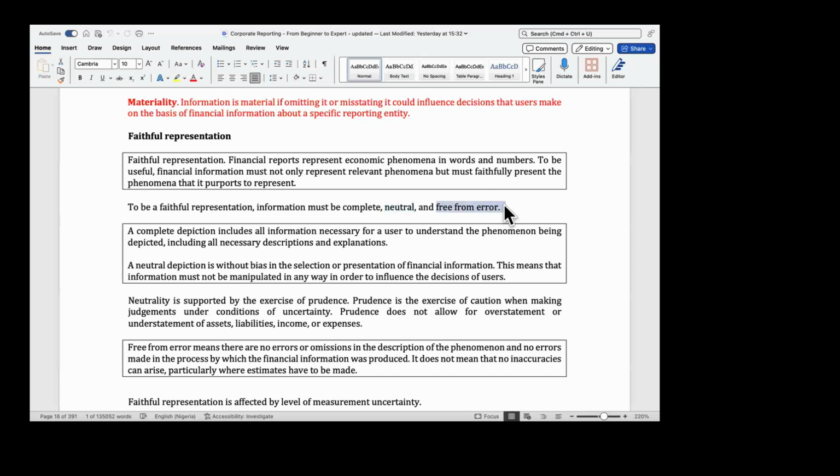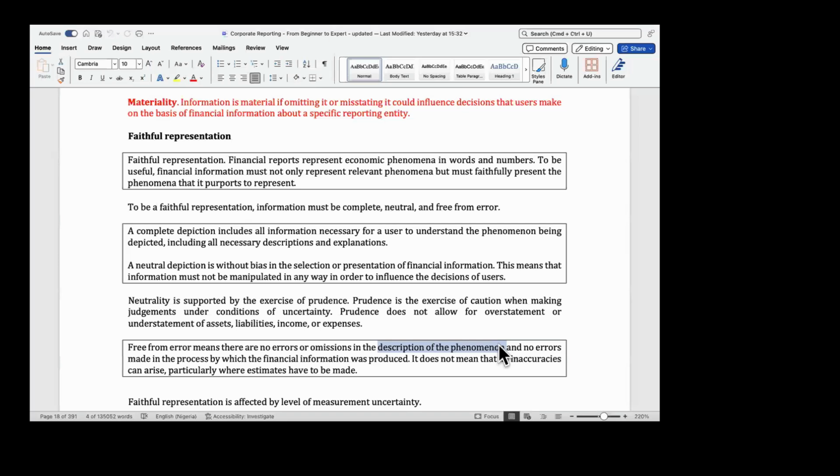Then thirdly is free from error. To faithfully represent, the information must be free from error. Free from error here does not mean that the information should be accurate or an exact depiction. The reality is that IFRS makes use of a lot of estimates and judgments, so our figures are not accurate. What free from error means is that the description of your economic phenomena must be free from error.